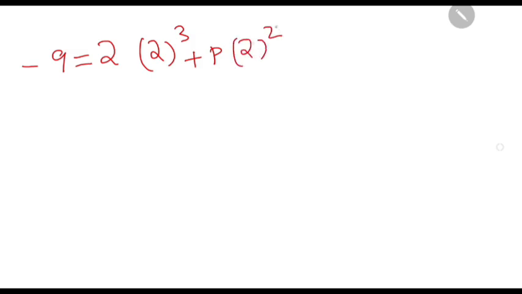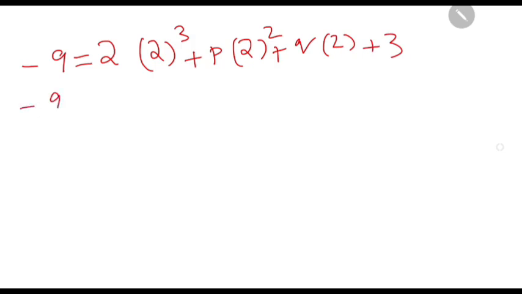It's going to be y value -9, and the x value is going to be 2 power 3, I substitute into the original function, plus p times 2 power 2, plus q multiplied by 2, plus 3.